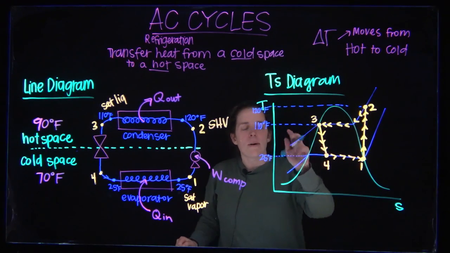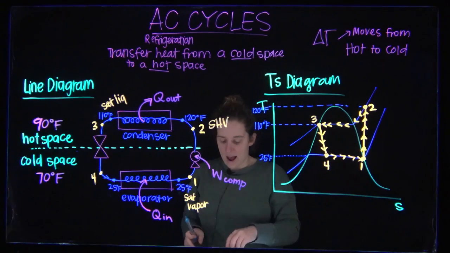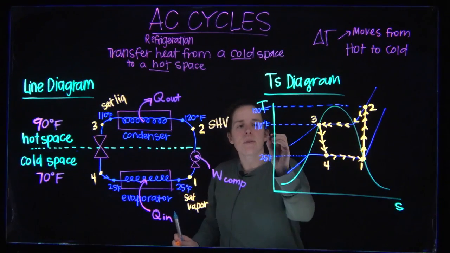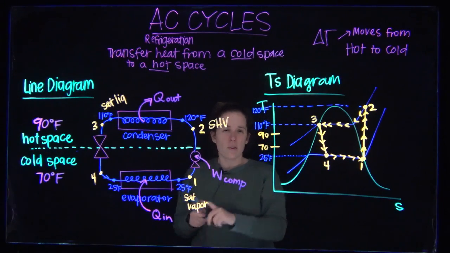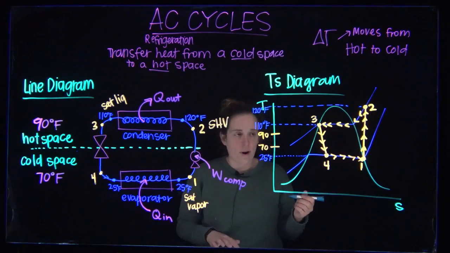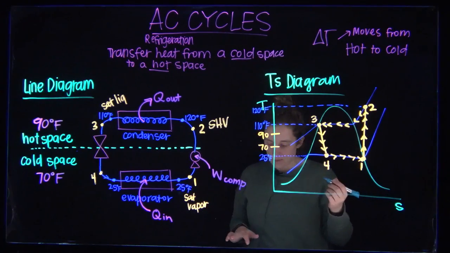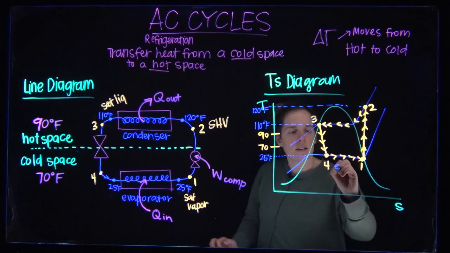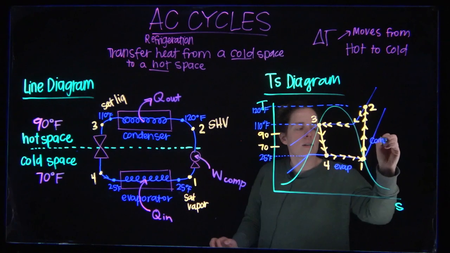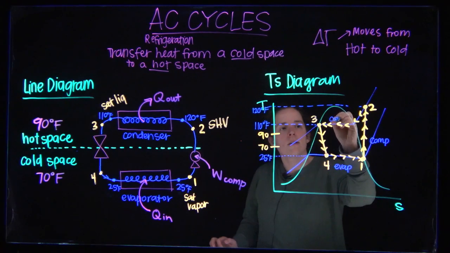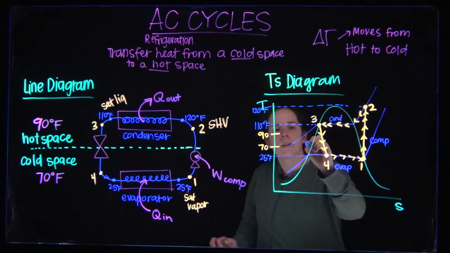And then think about what we had as the hot space is 90 degrees and the cold place is 70 degrees. So you're kind of using these different directions of where the evaporator is here, the compressor is here, the condenser is here, and the expansion valve is here.